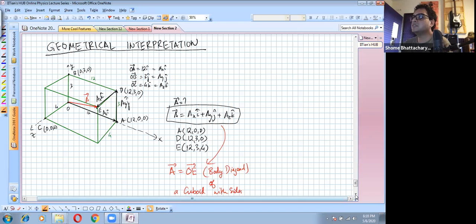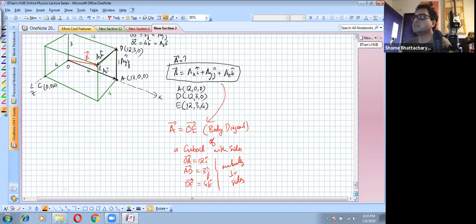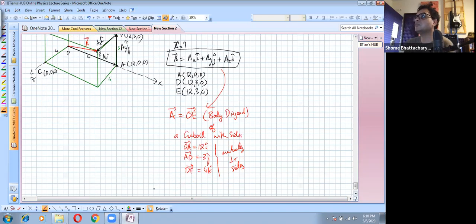Now the final thing we can see from this is, therefore, if this is the body diagonal, what will be the magnitude? It will be according to the geometrical formula, square root of sum of squares of the sides. So that is ax square plus ay square plus az square.